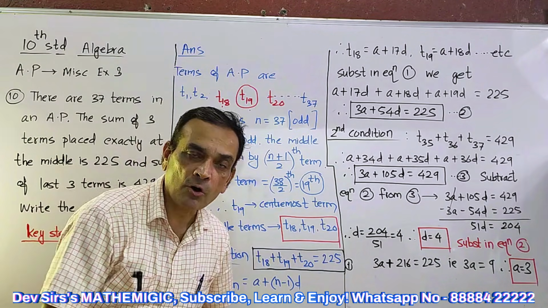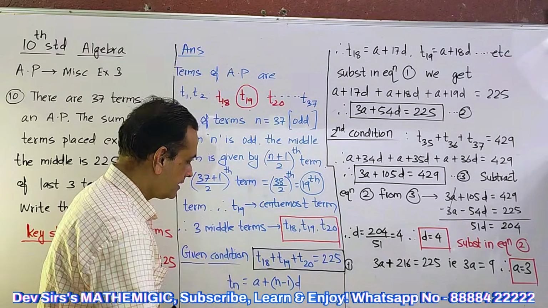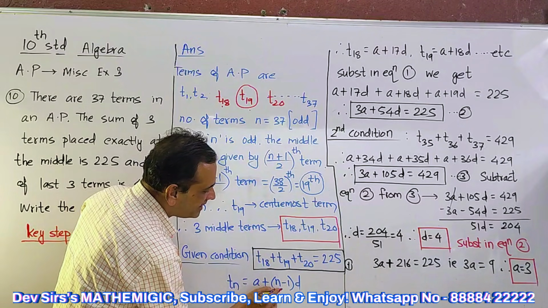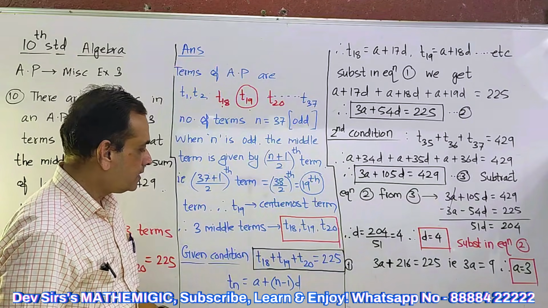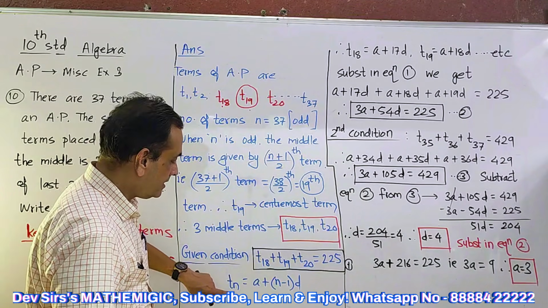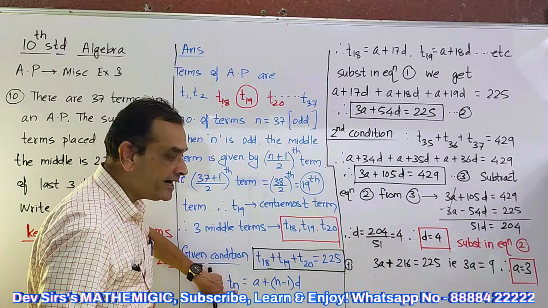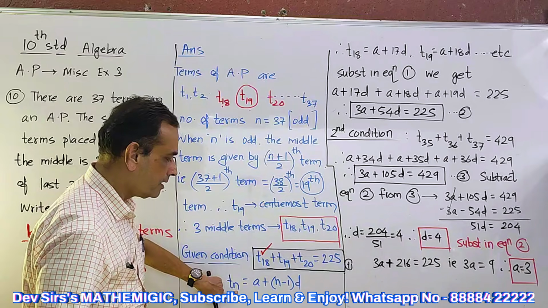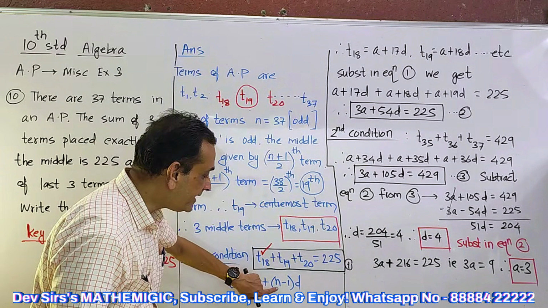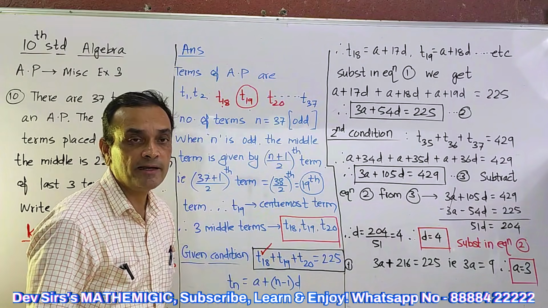Now our usual formula which you know by heart, Tn is equal to a plus n minus 1 into d. ये लिखने के बाद we have already seen if you put n equal to 18, I am going to get T18. और यहाँ पे क्या होता है? 18 minus 1, 17.